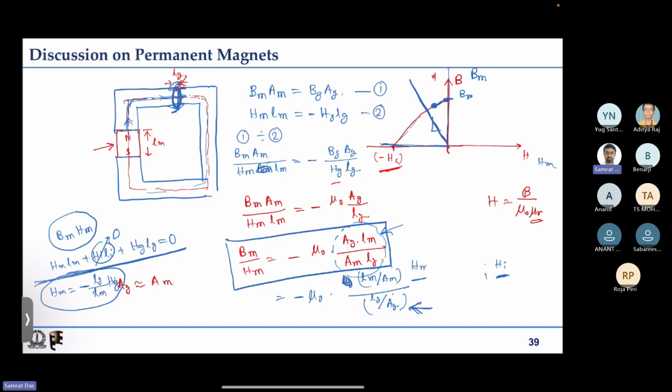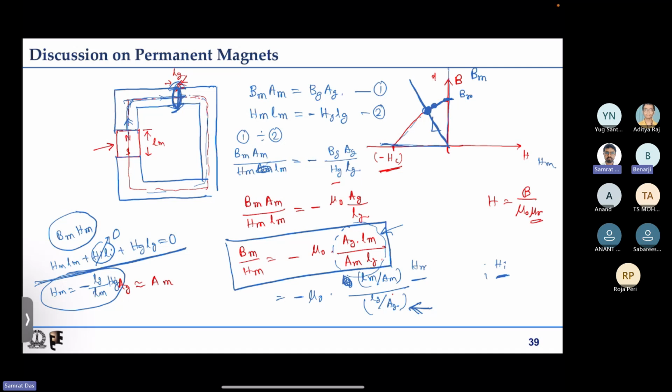So that will act as the negative H across the permanent magnet, and that is why whatever flux density it had, the remnant flux density, will come down a little bit and operate at that point. It depends on what air gap we expose our magnet to.